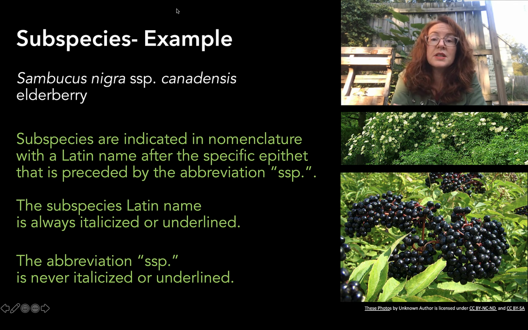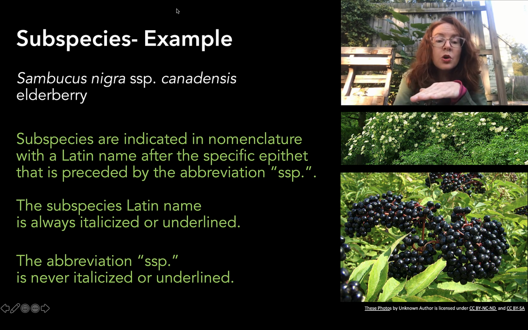You will also see me in class use the abbreviation spp., which is the abbreviation for species, plural. So just heads up, pay attention: two S's, subspecies; two P's, two species. So the Latin name of subspecies is always italicized or underlined. It's always lowercase. And the abbreviation ssp. is never italicized or underlined.